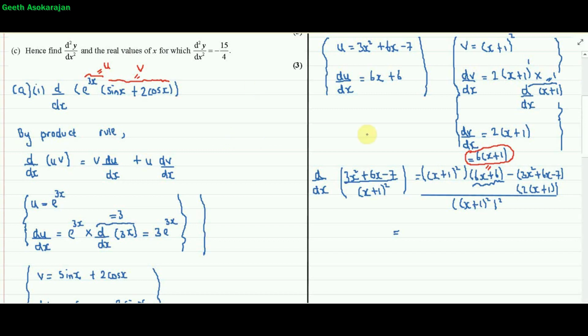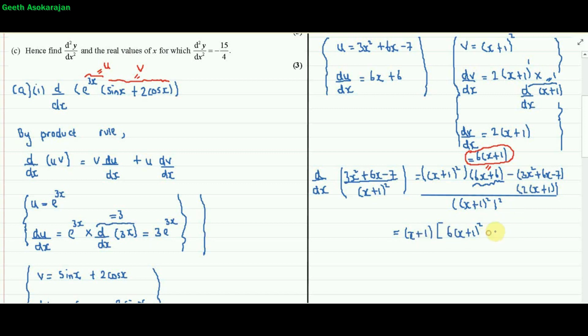If I take an x plus 1 common factor, and use a square bracket just to make it clearer, from the first term, as a result of this common factor, I'll have 6 into (x plus 1) squared. So (x plus 1) squared into the x plus 1 will give us (x plus 1) cubed from multiplying these two terms, and this 6 I've kept over here as a result of the common factor.